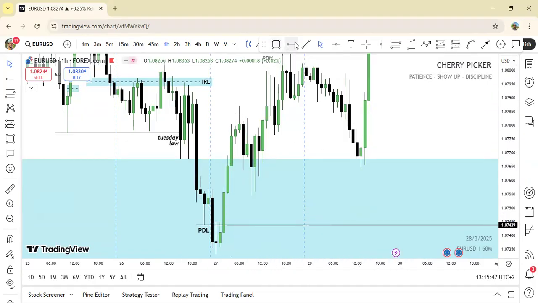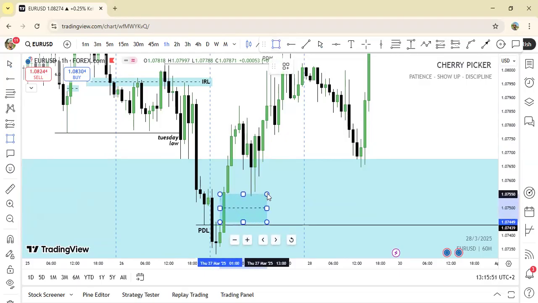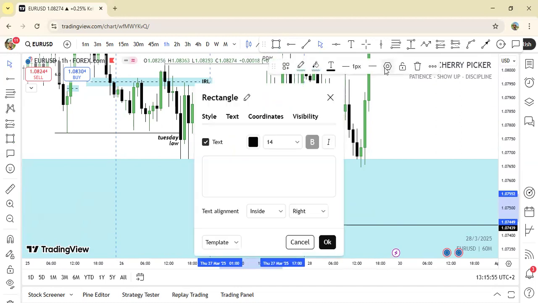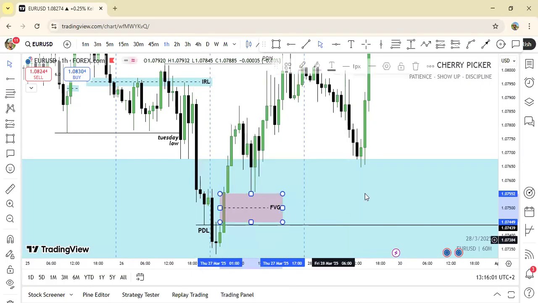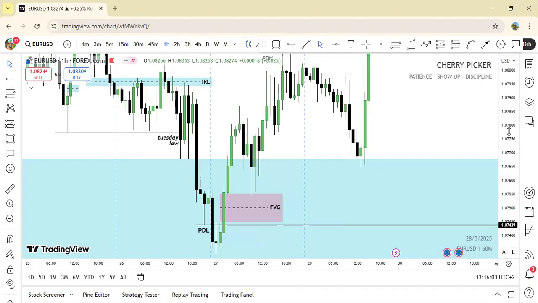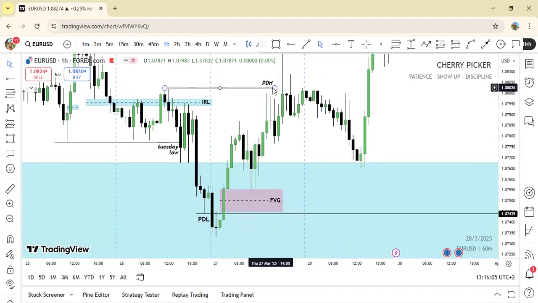And then you have the high of this candle, you have the low of the third candle, impulsive movement. Let's use my favorite color. What's next? The previous day high.